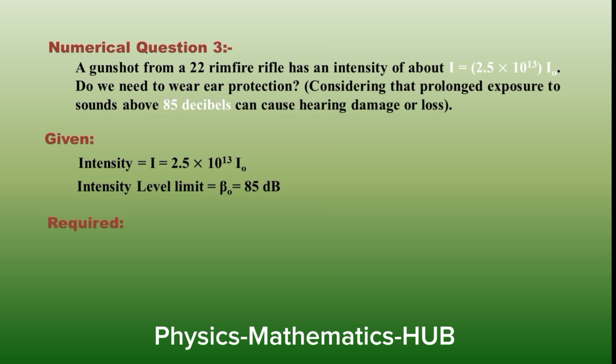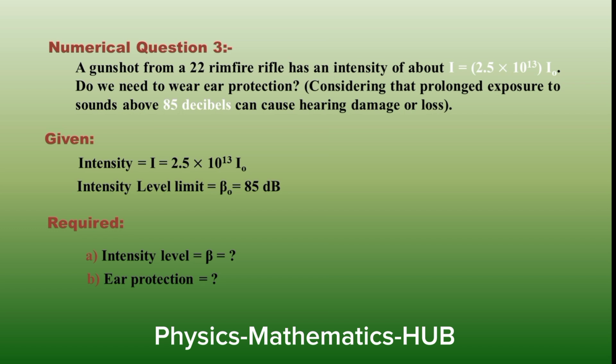What we need to find is the sound intensity level of the gunshot, denoted by beta. In part B, we have to take a decision on ear protection. Once we calculate the intensity level in part A, we will compare it to the 85 decibel safety threshold.